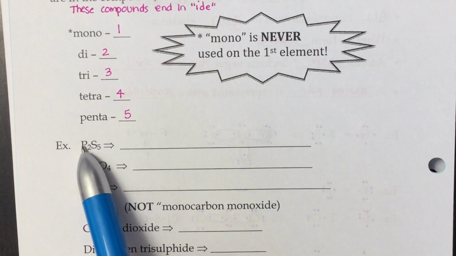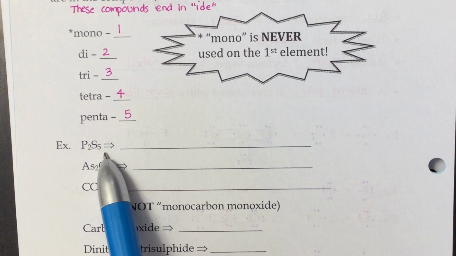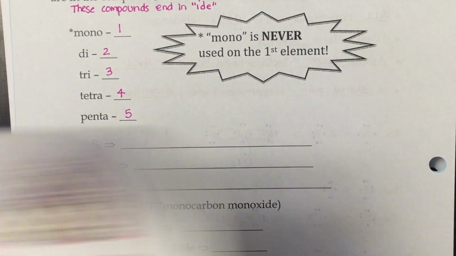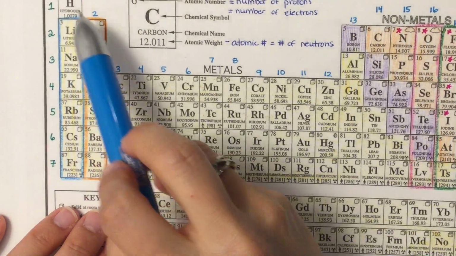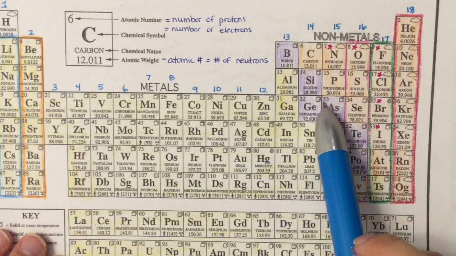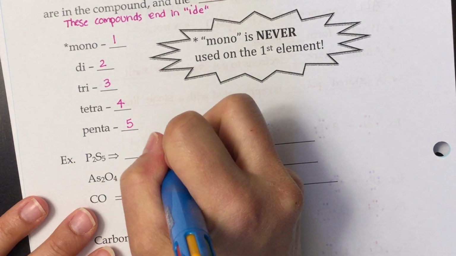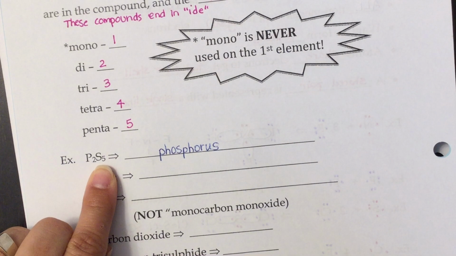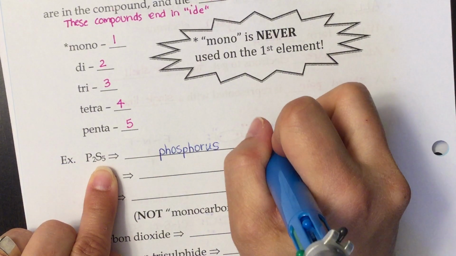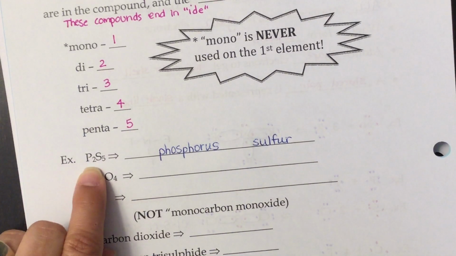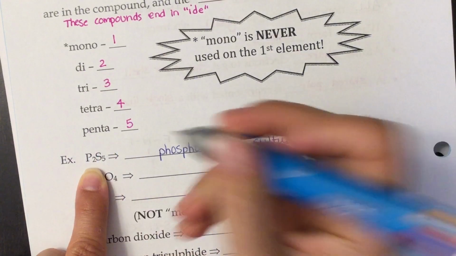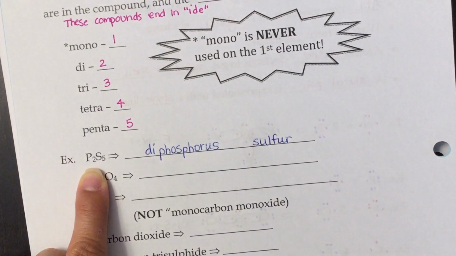So let's see here, P2S5. What does P stand for? If you find it on your periodic table, P stands for phosphorus. And S stands for sulfur. Now I'm going to look here. We have 2, which means di. So I'm going to have diphosphorus.